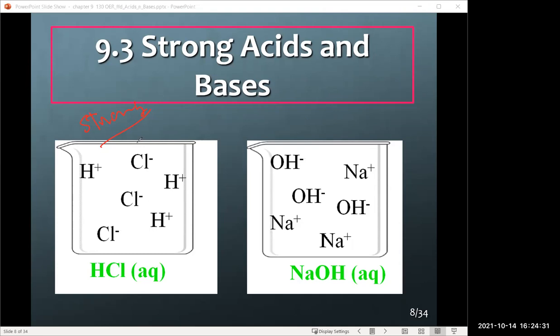So to depict a strong acid via a diagram, we would take, I don't know, 3 or 4 pairs of HCl. Pairs meaning I got 3 chlorides and 3 protons, okay? Make sure when you draw the diagram that you have the charges and you have an equal amount of the proton and the corresponding anion, okay? Totally dissociated, nobody's combined.